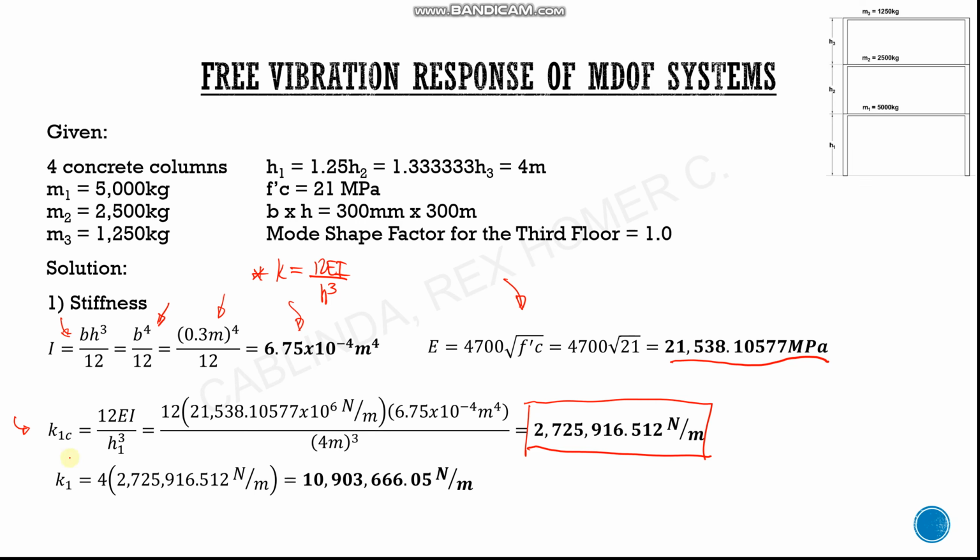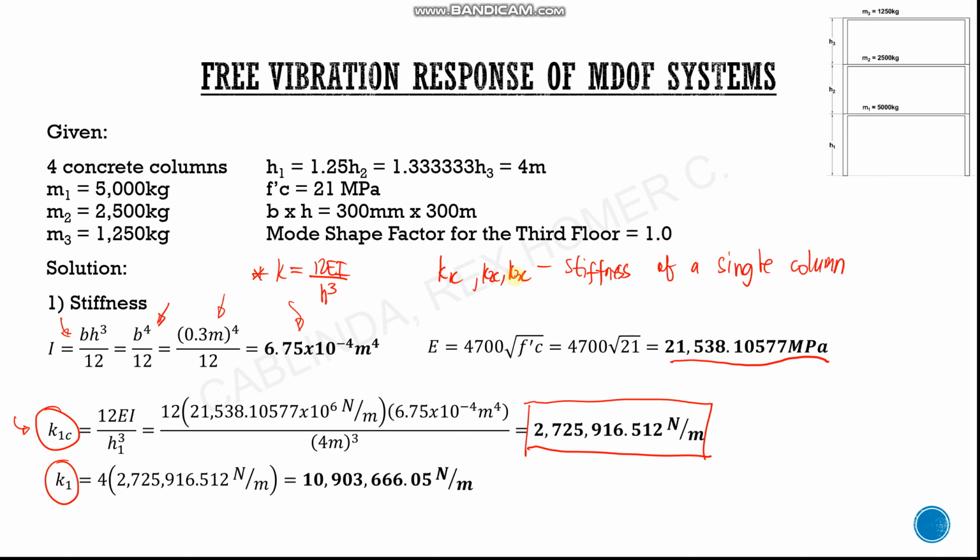Now, take note of the terms we will use in these calculations. If there is a C, that represents the stiffness of a single column, like K1C, K2C, K3C.